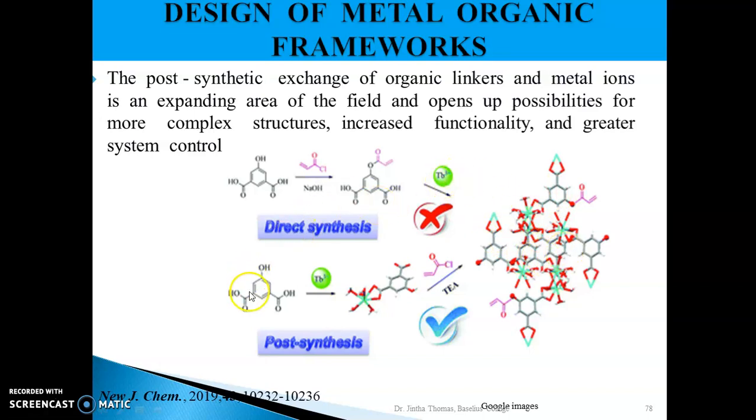So instead, what we can do is synthesize a metal organic framework based on this original initial ligand by coordinating it with the metal center. So we get a metal organic framework having this structure, and after the synthesis, we can synthetically modify. We can add this group onto the surface of this metal organic framework. This type of synthetic strategy is known as post-synthetic modification.